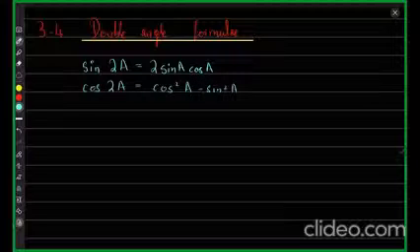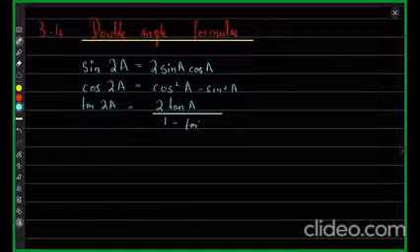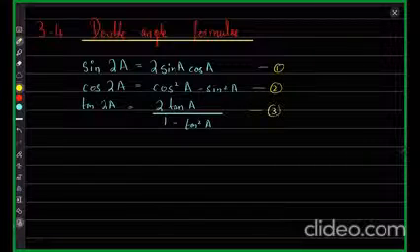And if I talk about tan with double angle, so tan 2a is basically 2 tan a divided by 1 minus tan square a.